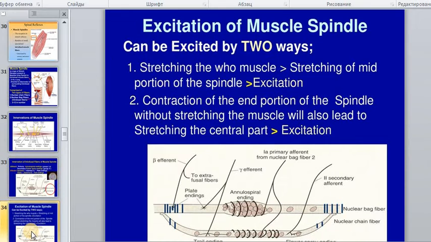Primary type 1A sensory fibers have large diameter and spiral around the intrafusal muscle fibers, ending near the middle of each fiber. Secondary type 2 sensory fibers have medium diameter and continue to the central regions of the static bag and chain fibers.